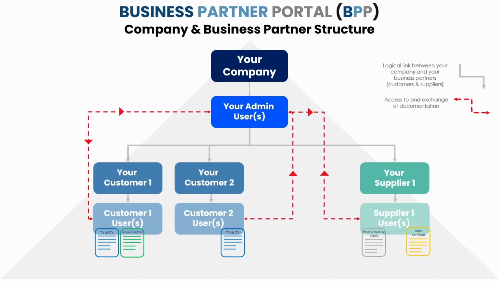These documents we refer to as document types. There are predefined document types on BPP, but we can also add additional document types depending on your requirements or requirements for the industry that you are working in.